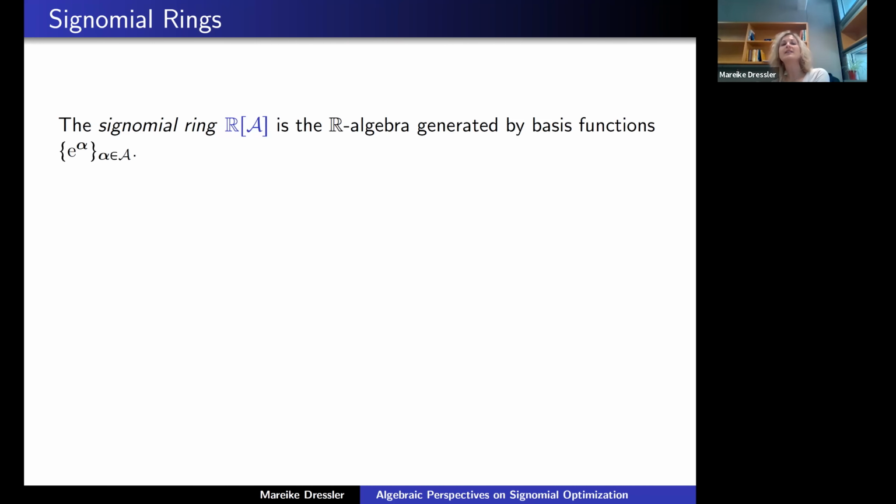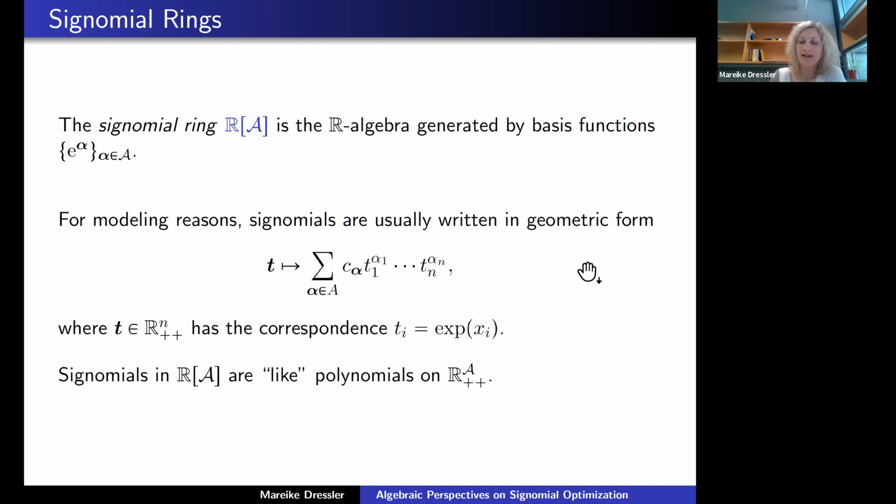With that, we can define our Signomial ring as the R-algebra generated by these basic functions. That is the set of all finite products and real linear combinations of such basis functions. For modeling reasons, and also very popular in the literature on geometric programming, Signomials are usually written in a different form, which we like to call geometric form.